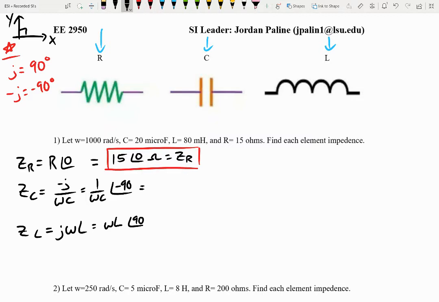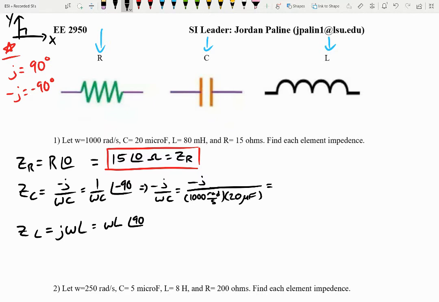Let's look at the capacitor impedance. So we have, like we said, negative J over omega C. So we'll just do negative J, omega is 1,000 radians a second. The capacitance value is 20 microfarads.